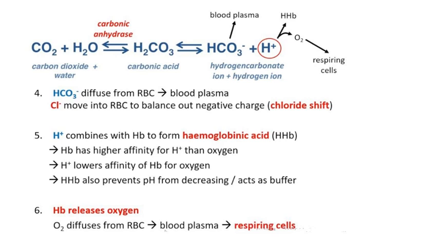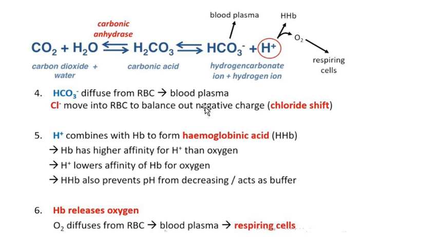Look at number 4. The hydrogen carbonate will now diffuse from the RBC into the blood plasma. Remember, the carbon dioxide comes from the respiring tissue into the blood plasma, then from the blood plasma into the RBC to form carbonic acid, which dissociates to form hydrogen carbonate ion and hydrogen ion.